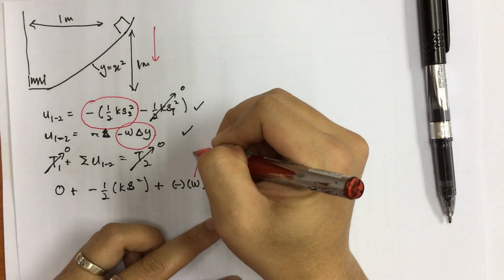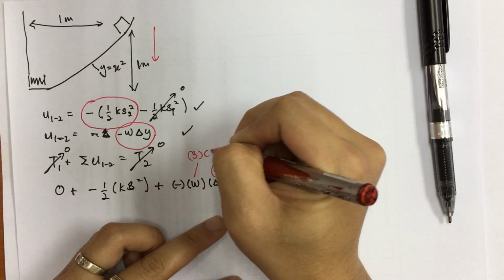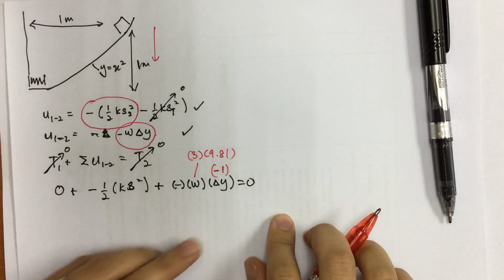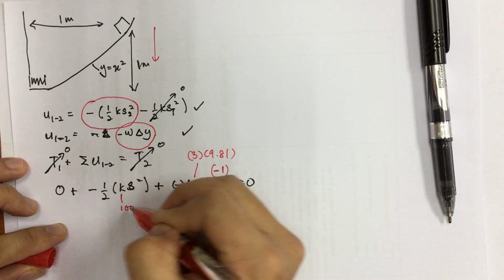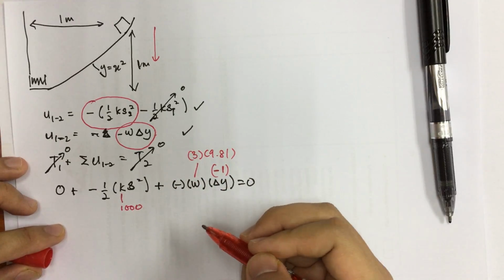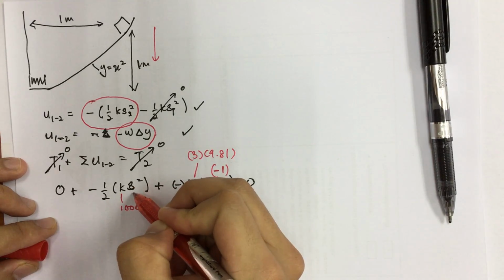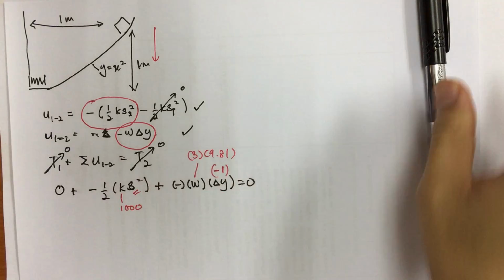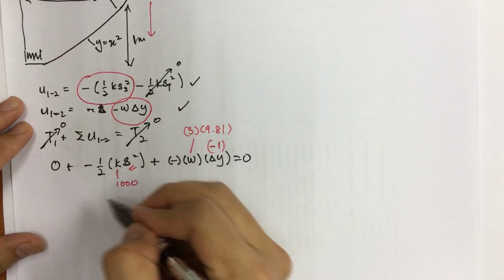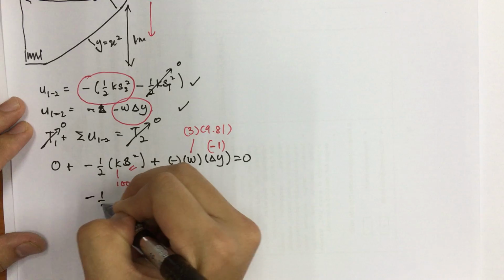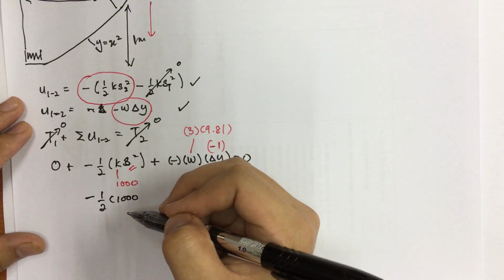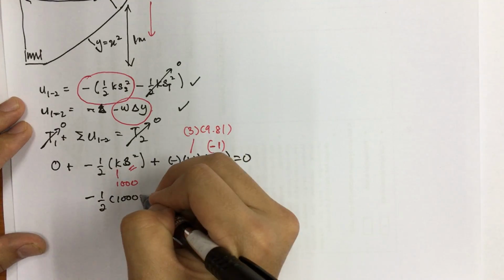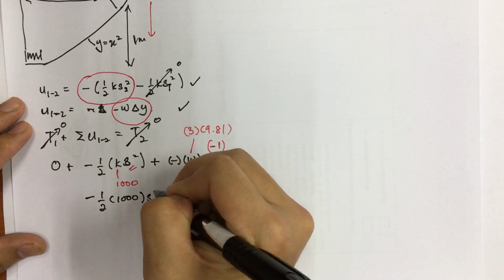And w equals 3 kilograms times 9.81, and we have the k value equal to 1000. So we are left with trying to find s. At the end of the day, you're going to have half times 1000 times s squared.